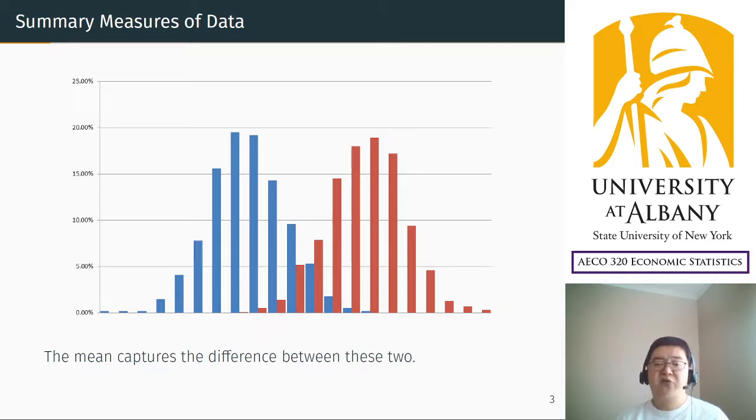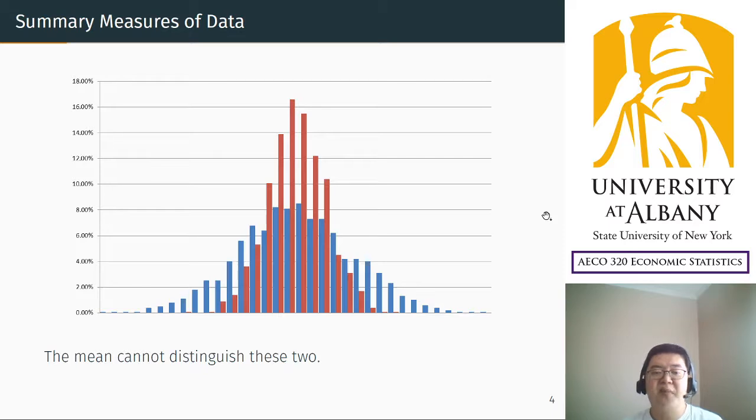Other than the center of the histogram, the shape of the distribution is similar, so you can think of them as a parallel shift. When you shift a histogram, what changes is the center. Otherwise the shape is the same. So the difference between these two data sets is best described by a measure of central location. It summarizes these two data very well.